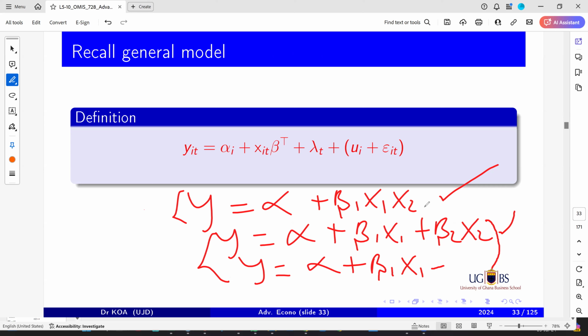Then if you bring it back, you see the behavior: in the presence of x2, how is x1 behaving? And in the absence of x2, how is x1 behaving?